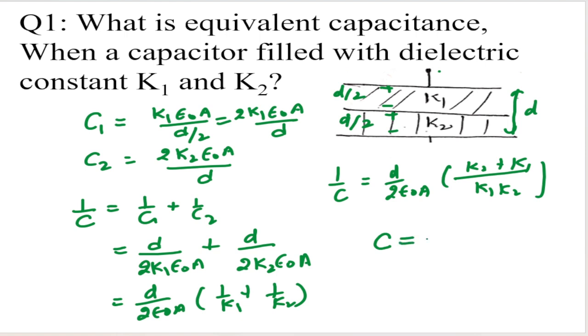Now do the reciprocal. तो 2 epsilon naught A upon D, K1 K2 upon K1 plus K2. This is the answer.